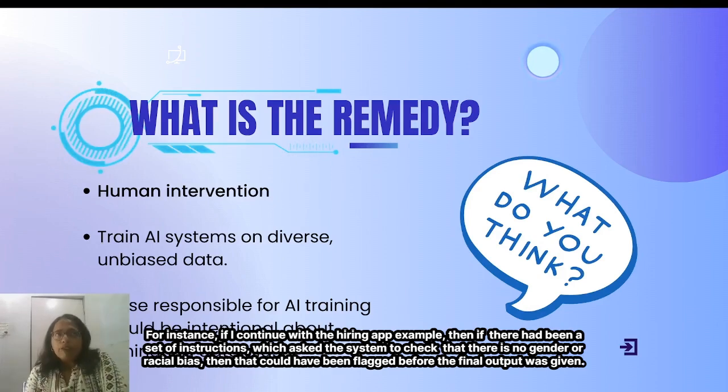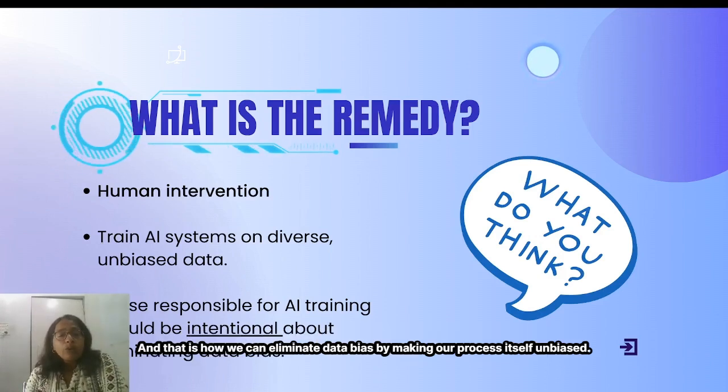For instance, if I continue with the hiring app example, then if there had been a set of instructions which asked the system to check there is no gender or racial bias, then that could have been flagged before the final output was given. And that is how we can eliminate data bias by making our process itself unbiased.